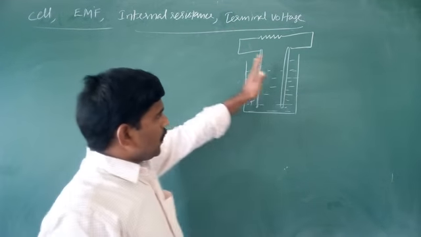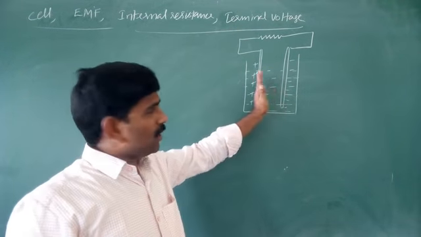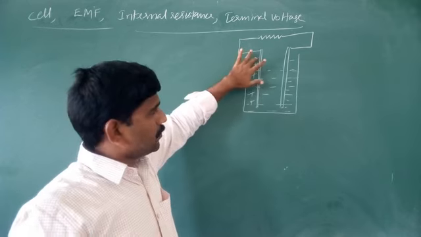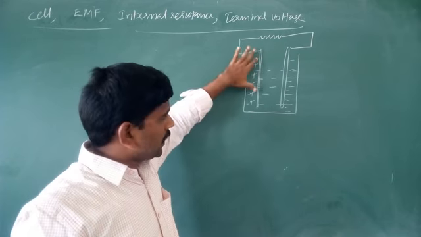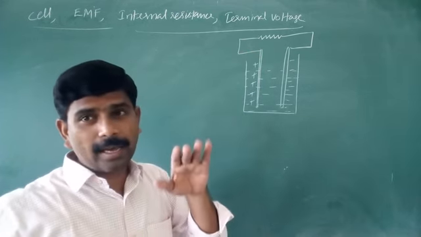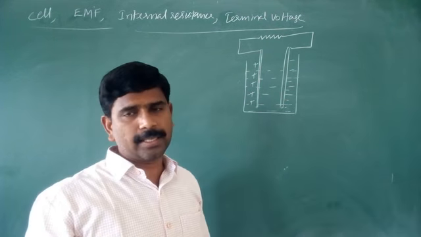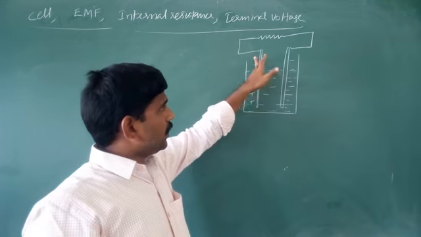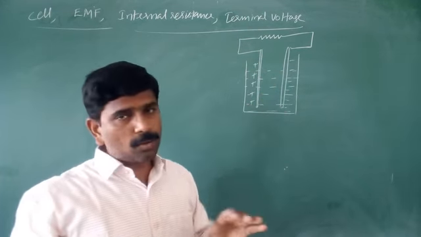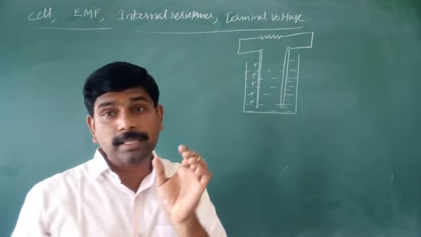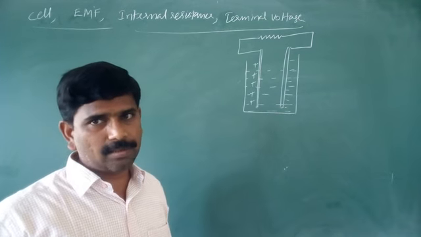So actually positive and negative ions, that is the charges, are separated. One is the anode, which is at the high potential, and the other is at the low potential, that is the cathode. So between these two electrodes a constant potential difference is developed.